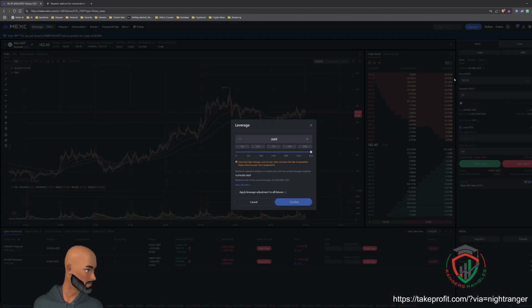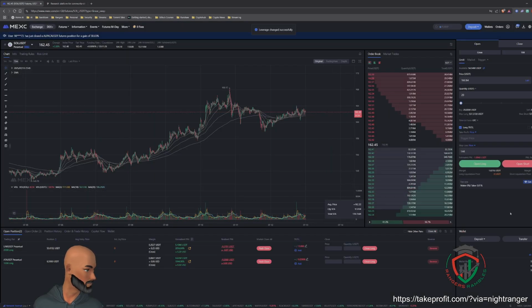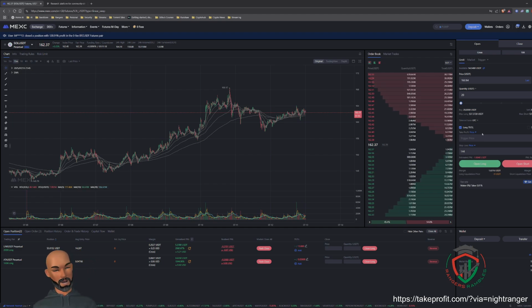All right, hold on. What's going on? Am I being stupid? No. Okay, so I'd actually make more money on that trade with lower leverage than I would with higher leverage, which is weird. But the fees would be a lot higher.